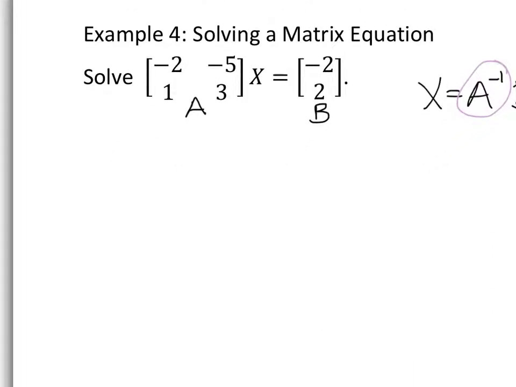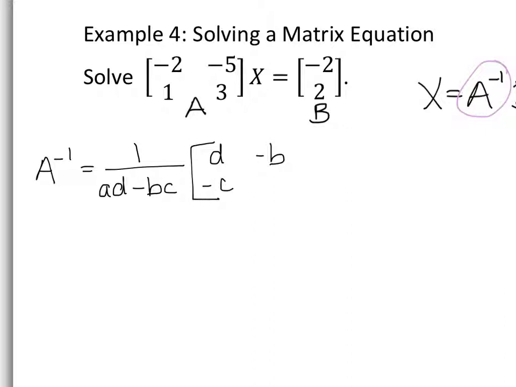And then we'll add the step of getting X. A inverse, that's just like the problem we just did. Do I need to rewrite the formula for you? Why don't I go ahead and do that? 1 over AD minus BC, and then D, negative B, negative C, and A.